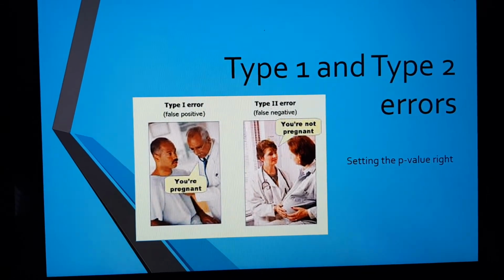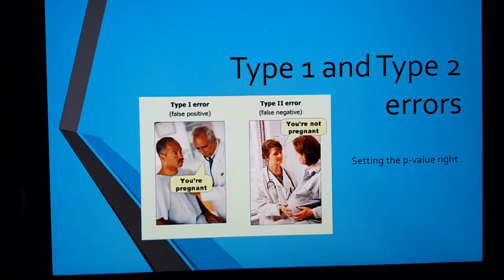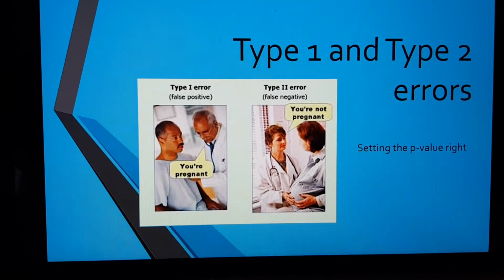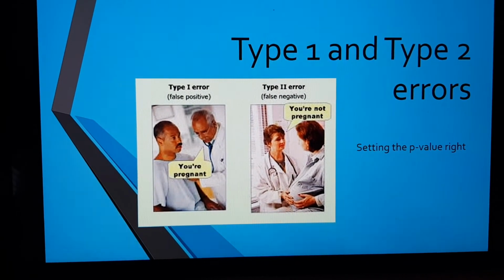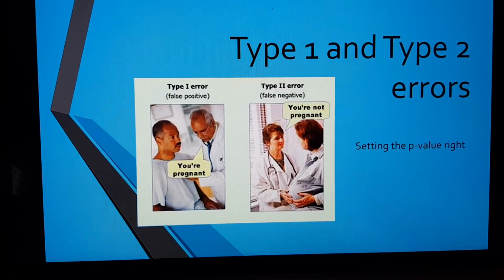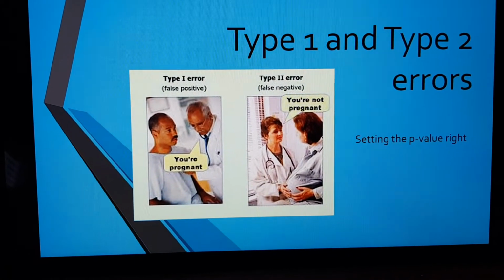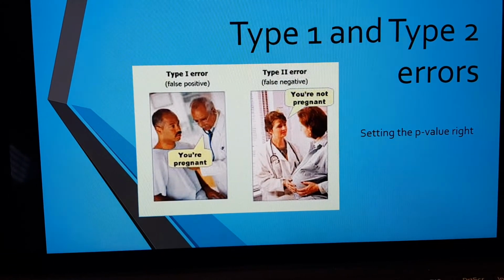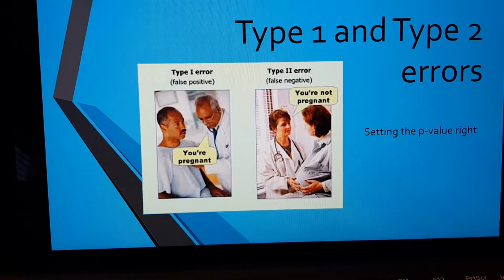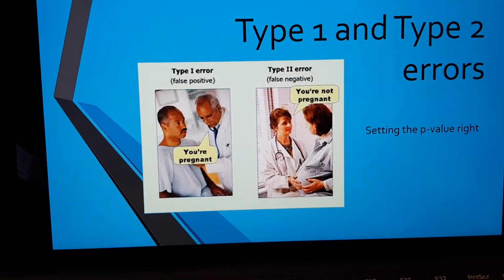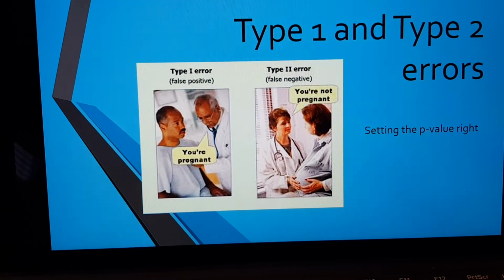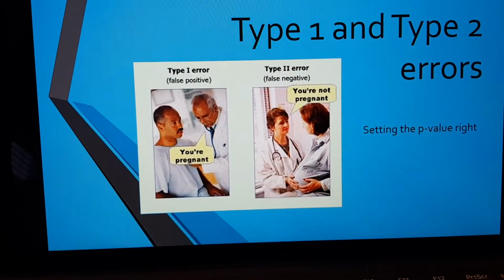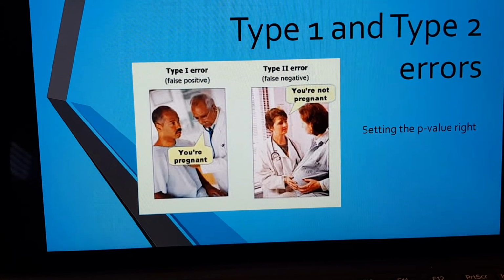So we're going to start with type 1 and type 2 errors and what they are. The photographs there are a good illustration of what a type 1 and a type 2 error could be. A type 1 is known as a false positive error, so it's something that's untrue basically. It would be like the picture telling a man that he's pregnant, whereas a type 2 error is the opposite.